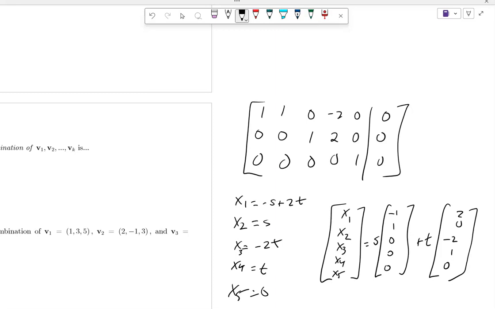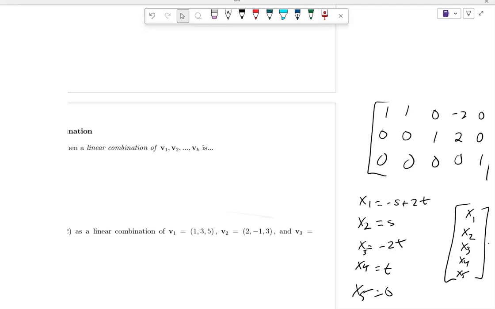We can change anything we want for the s, anything we want for the t as far as constants goes, but every single solution is a sum of multiples of those two vectors, right? So what we say is that these solutions are the set of linear combinations of those two vectors, and that's exactly what we mean by a linear combination.